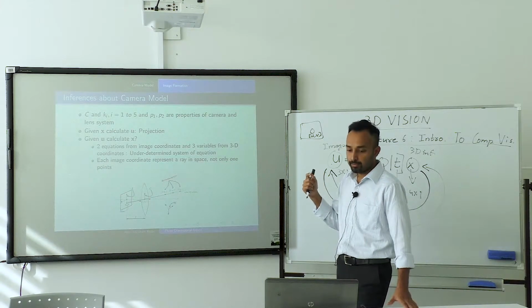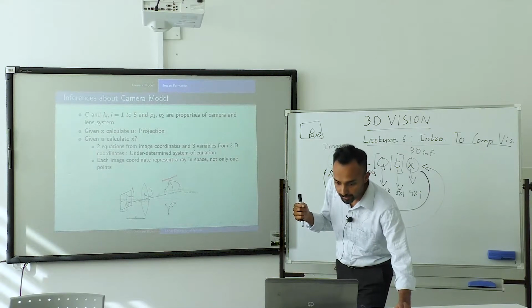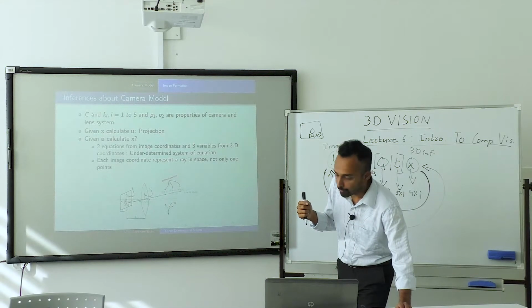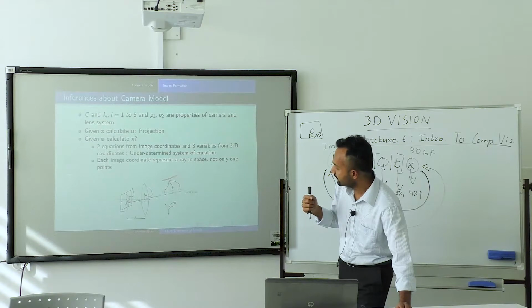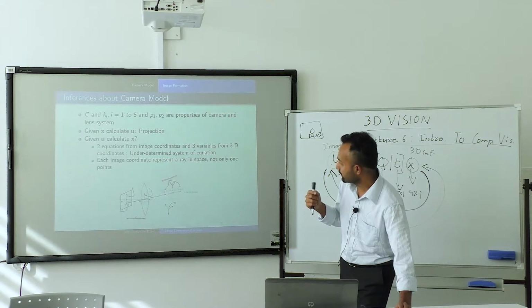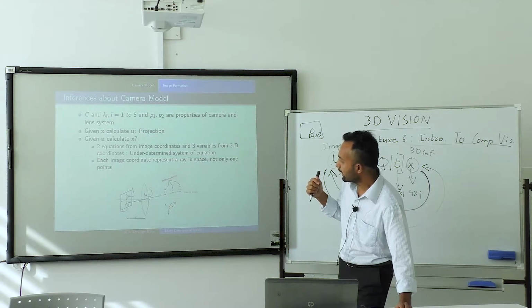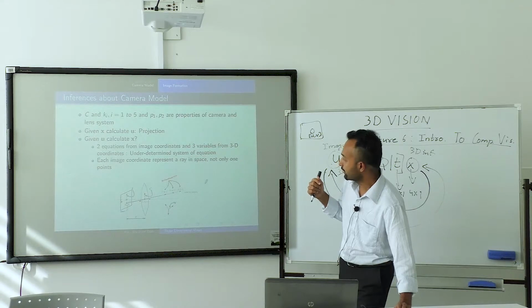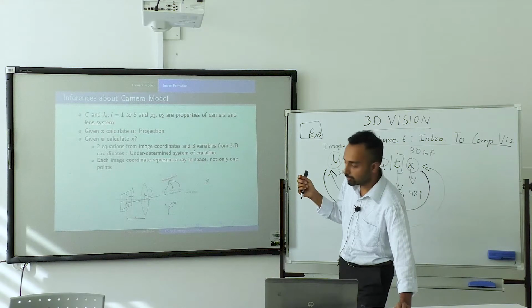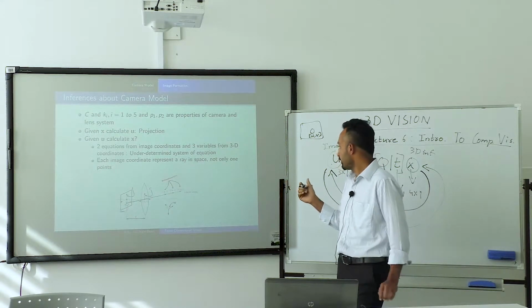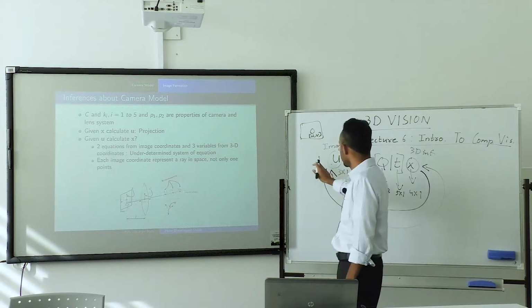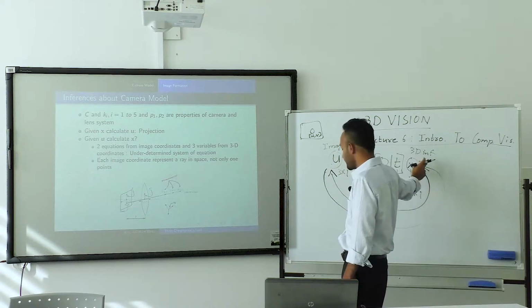What I have illustrated here is, if the point which is visible in the image is represented by a ray, the point x, which I have shown in the equation, can be any point lying anywhere on this line, which goes till infinity. So you have infinite solutions when you go back from the two-dimensional information to the three-dimensional information.